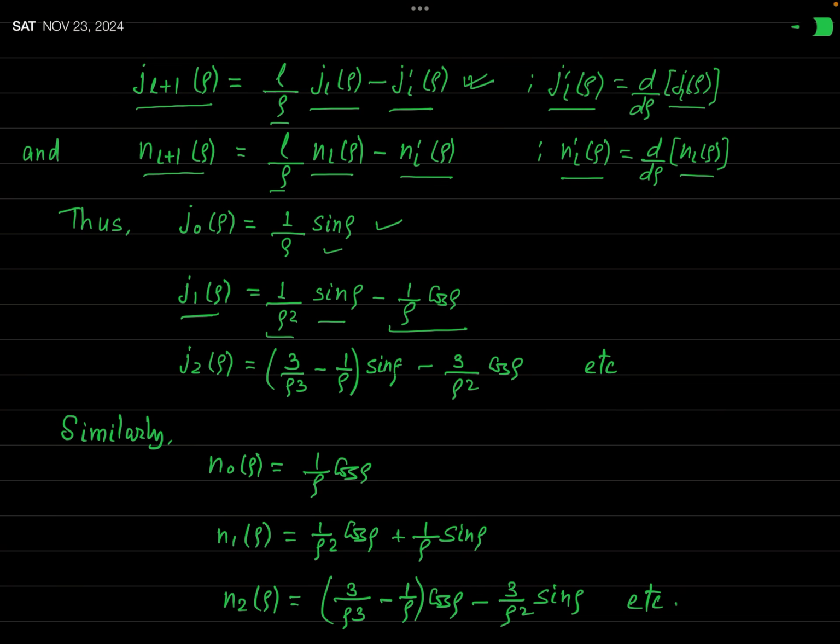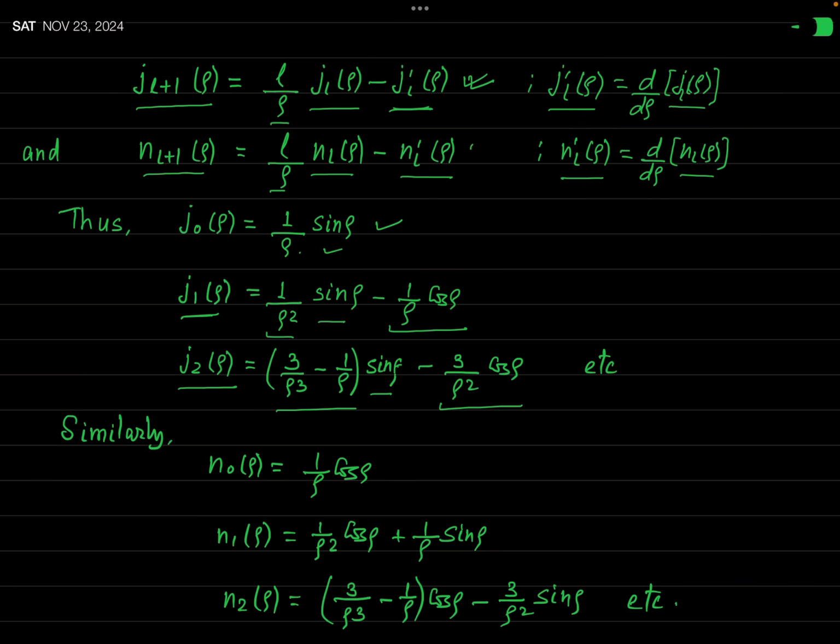When you differentiate, this will be cos rho over rho, so the second term will be 1 over rho cos rho. Similarly, if you try to find j2 of rho, then this will be 3 over rho cubed minus 1 over rho, times sine rho, minus 3 over rho squared cos rho. In this way you can obtain the higher order spherical Bessel functions.